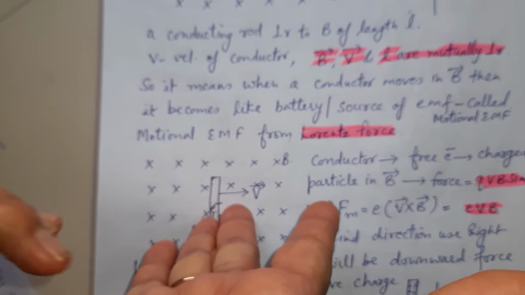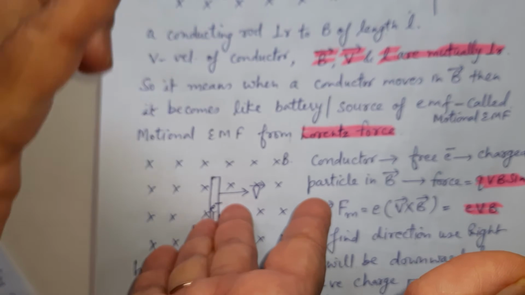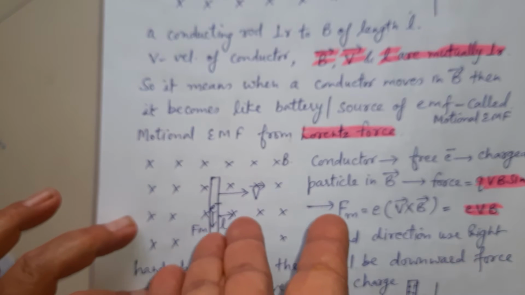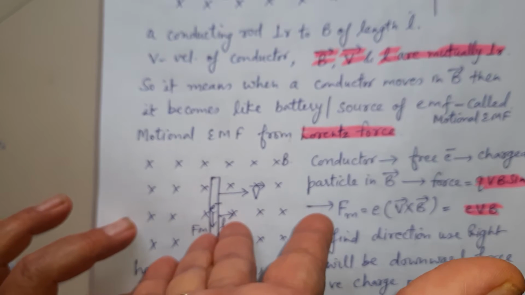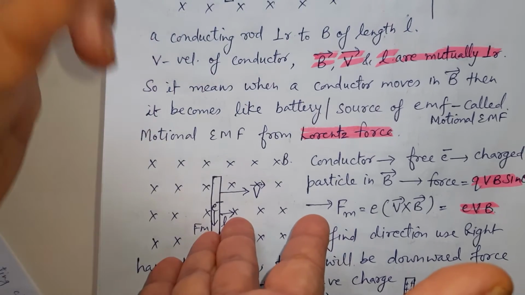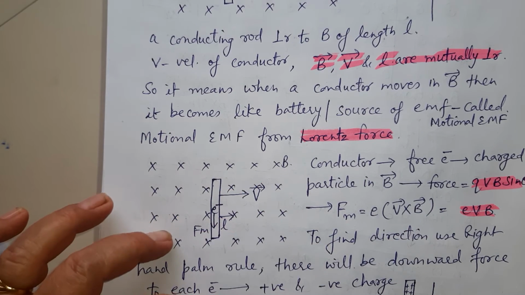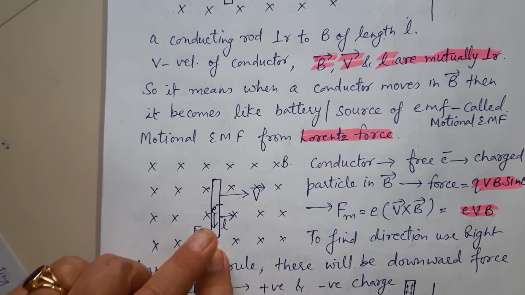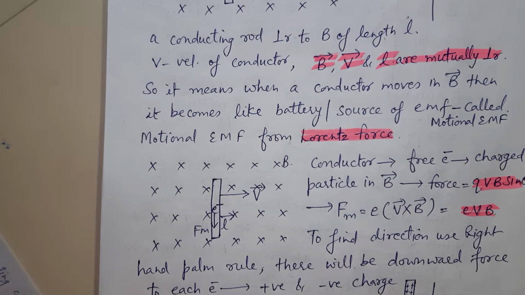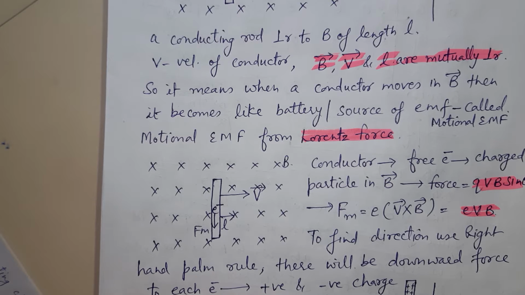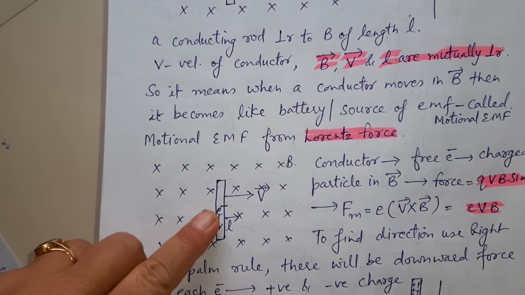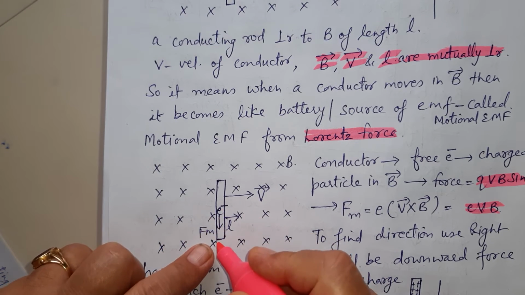The positive charge will move this side, because the right hand palm rule gives the direction for positive charge. When the positive charge goes this side, the electron goes downward. So each electron experiences a downward force.